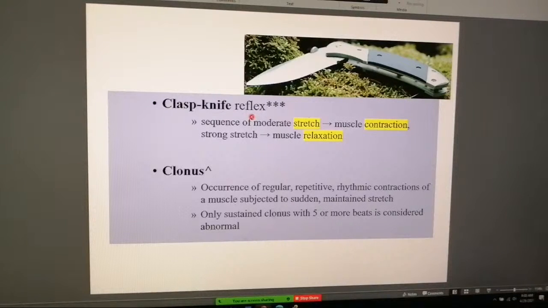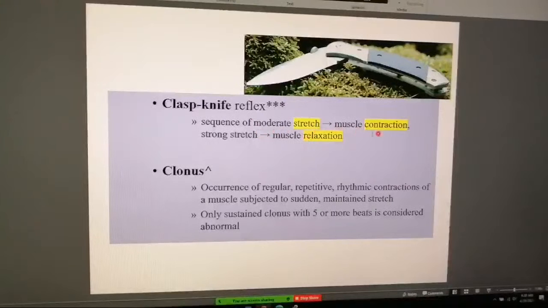Okay, it's a typical stretch reflex contraction. So in the initial part, what you see, the patient's muscle putting up resistance, is the opposing muscle trying to resist the extension by contracting. It's a typical stretch reflex, and it's exaggerated.